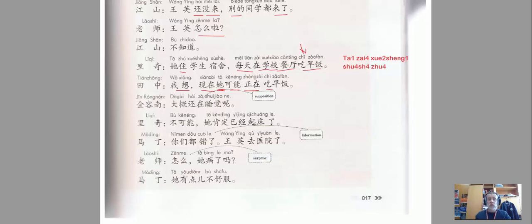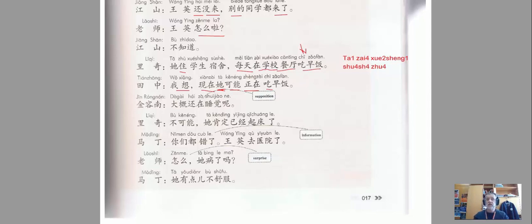So that all means now she is maybe, possibly, eating breakfast.